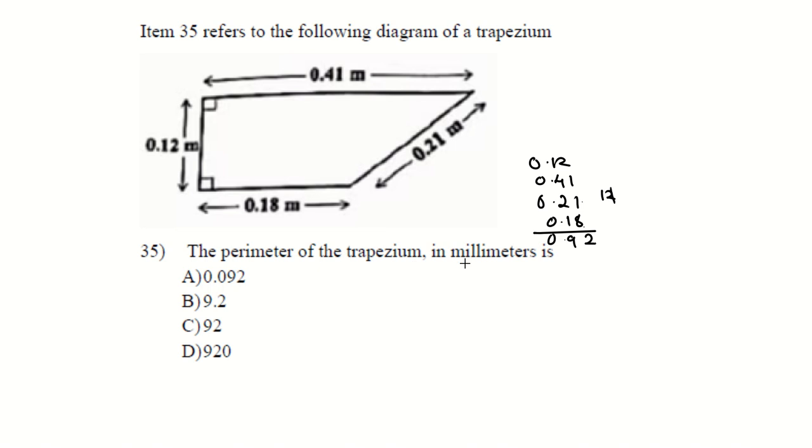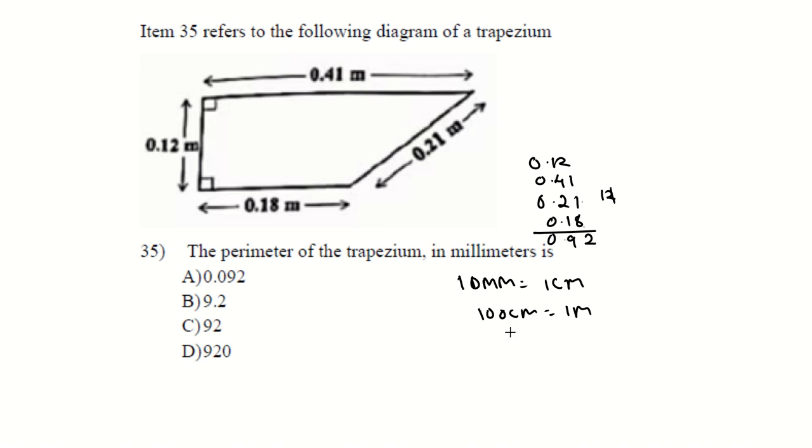Oh, they want it in millimeters. So if you don't know how many millimeters in a meter, we can just do what we know. We know that there are 10 millimeters in 1 centimeter, and we know that 100 centimeters is equal to 1 meter.